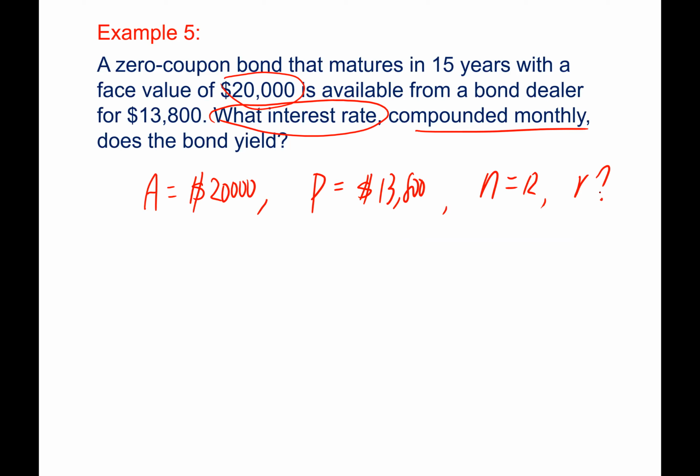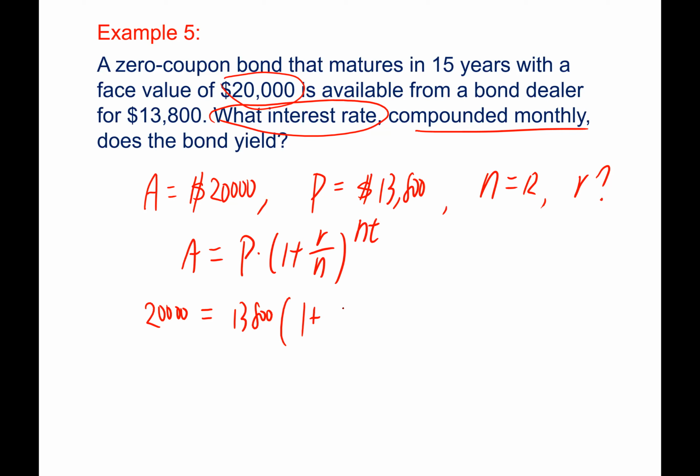Okay. So now let's get to it. Again, we plug in the formula A equals P times (1 plus R over N) to the NT. Okay. And now we throw in our numbers. We get 20,000 here, ending balance. Initial investment 13,800 times (1 plus the rate, what we're looking for, R over 12).